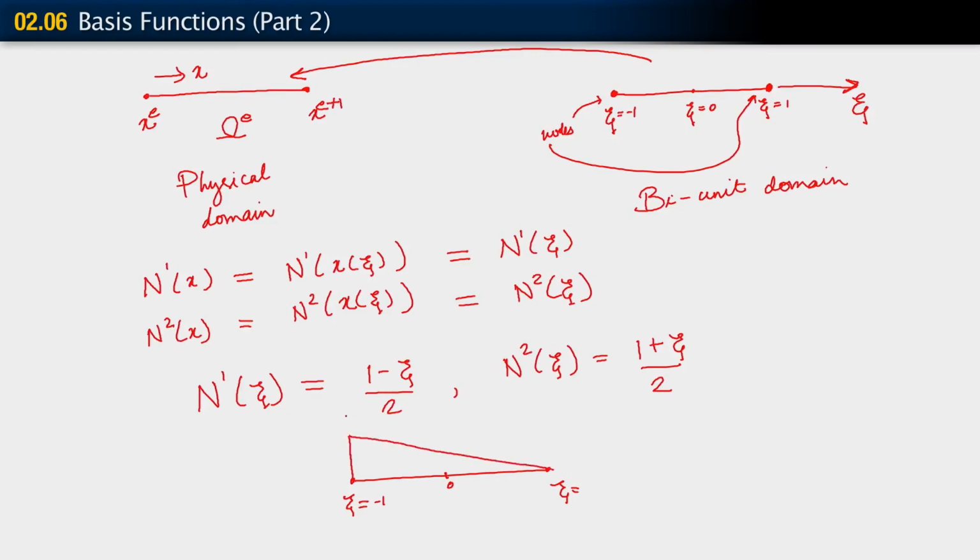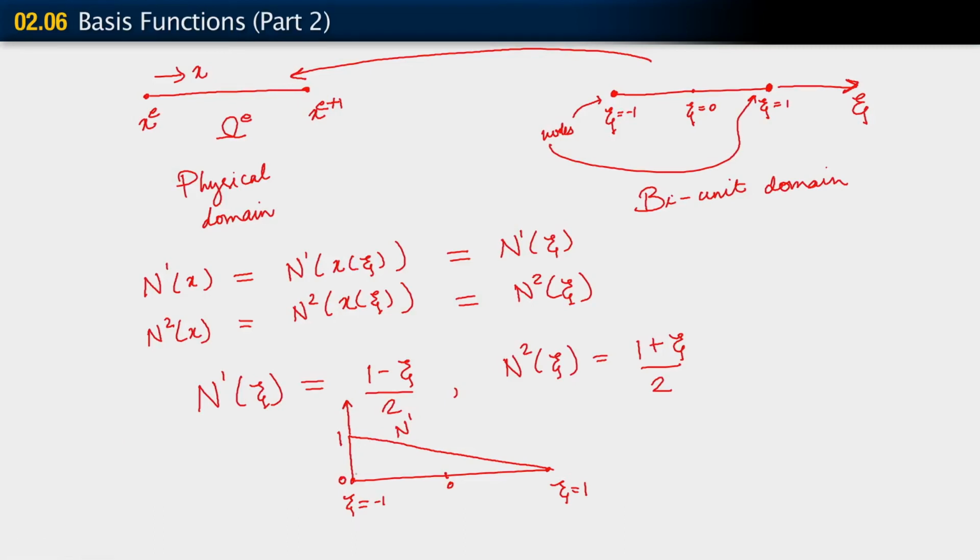So this is the value 1, and it goes to 0 at xi equals 1. This is our function N1. For N2, let me use the ability here to go to a different color.